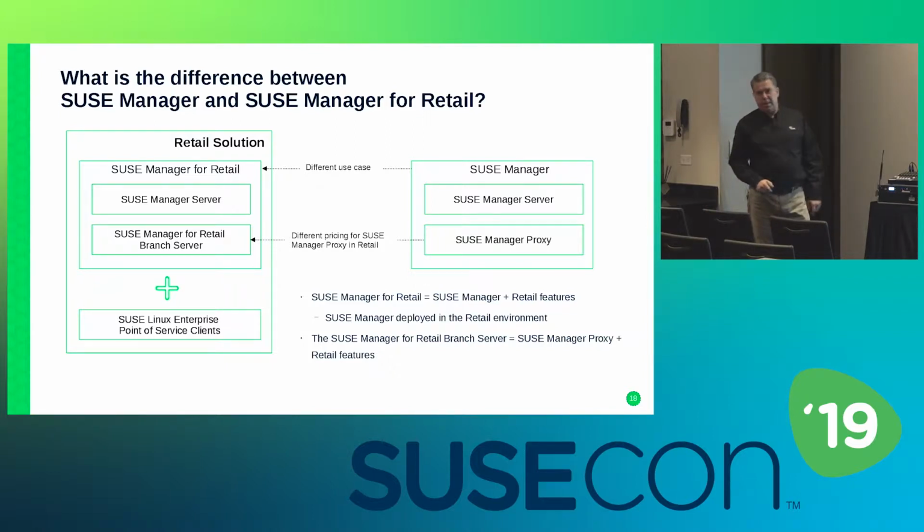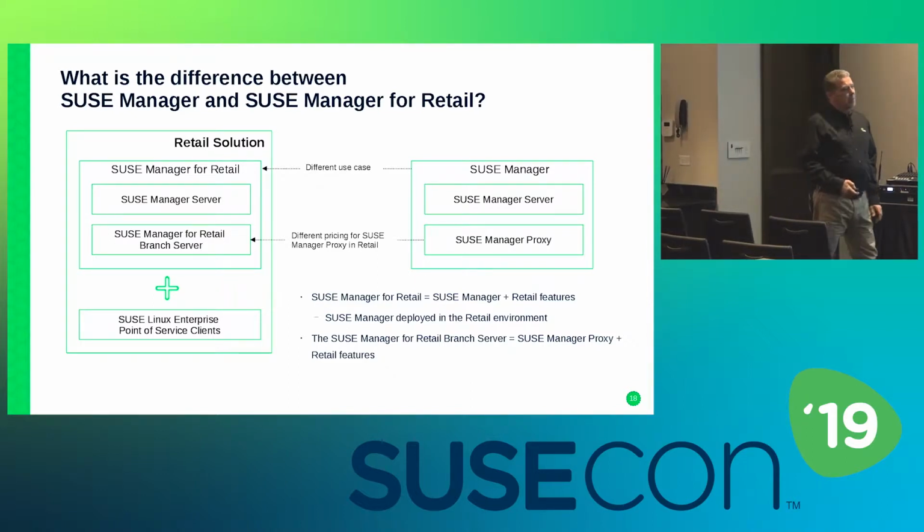We then unlock the extra features of saying, you get to manage everything, unlike in this setup over here. But technically, the branch server is simply just a SUSE Manager proxy that we just enhance with some additional features.